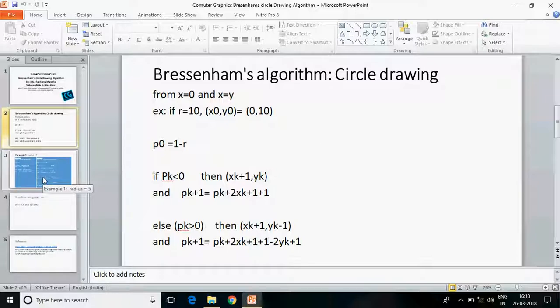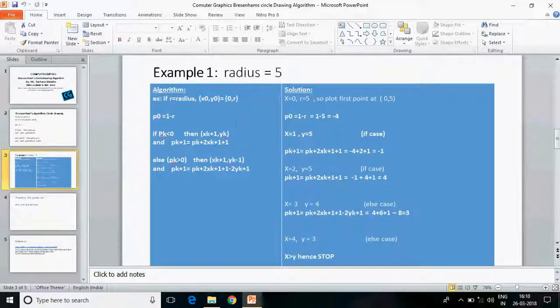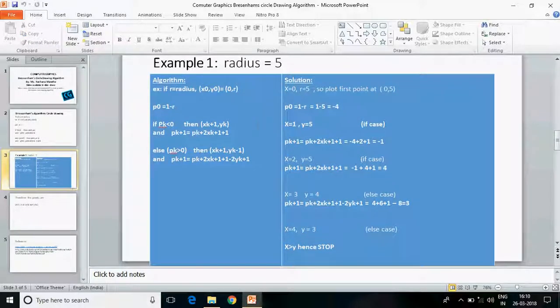Let's look at the example. Here the radius, let us take it as 5. I have given the algorithm on the left hand side and the solution on the right hand side, so it becomes easy for you to compare with the algorithm as you go on with your calculations.